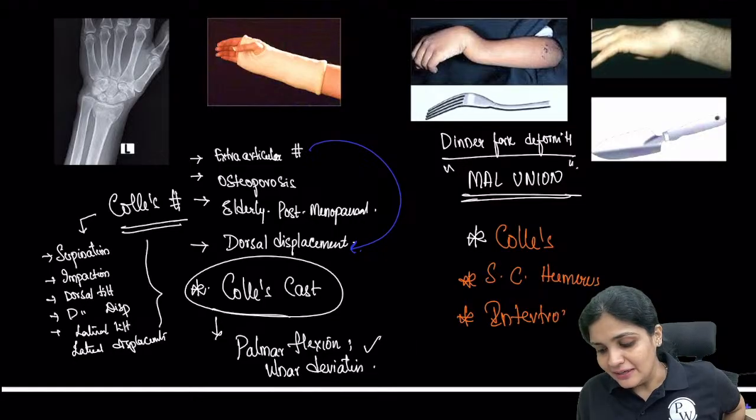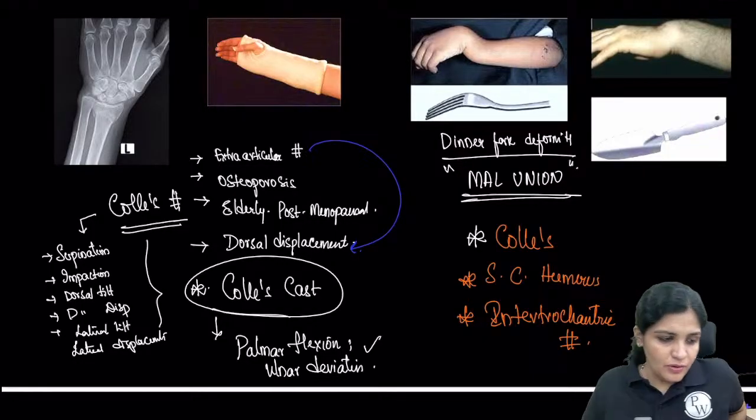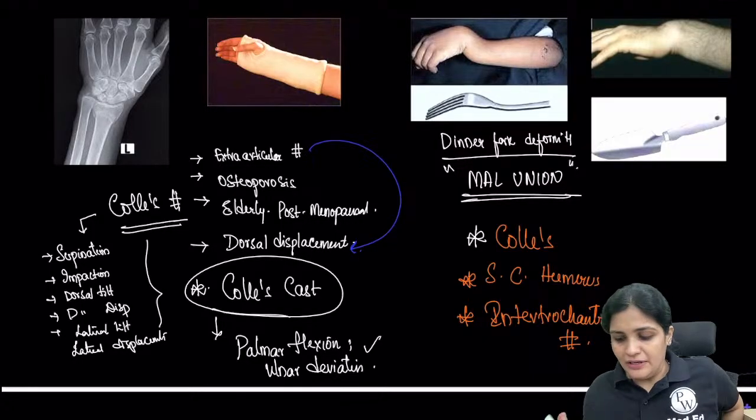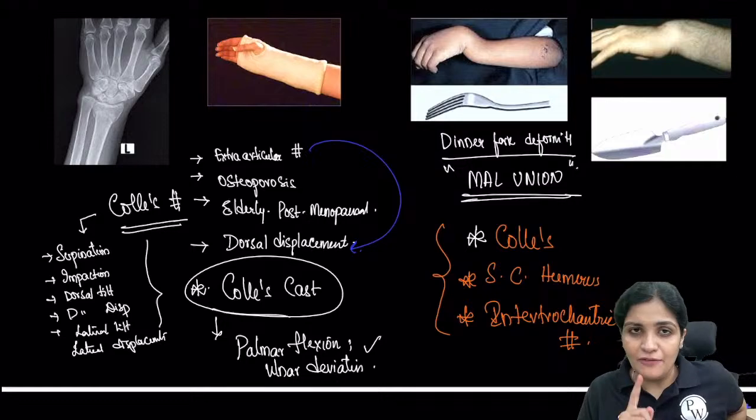Intertrochanteric fracture, IT fracture, is an example of malunion. So these are the examples of malunion. If something is three, you have to be very careful, the fourth one will be your option.